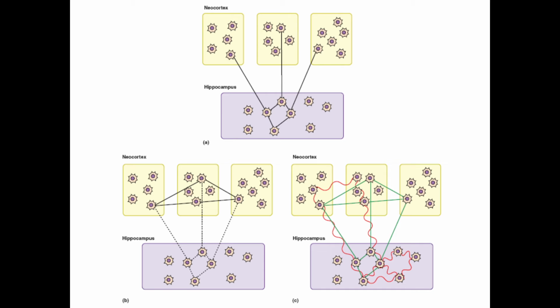So you can see here that a new memory is created, and there is a strong relation between hippocampal neurons and the neocortex. The idea is that after that, memories are stored in the neocortex.